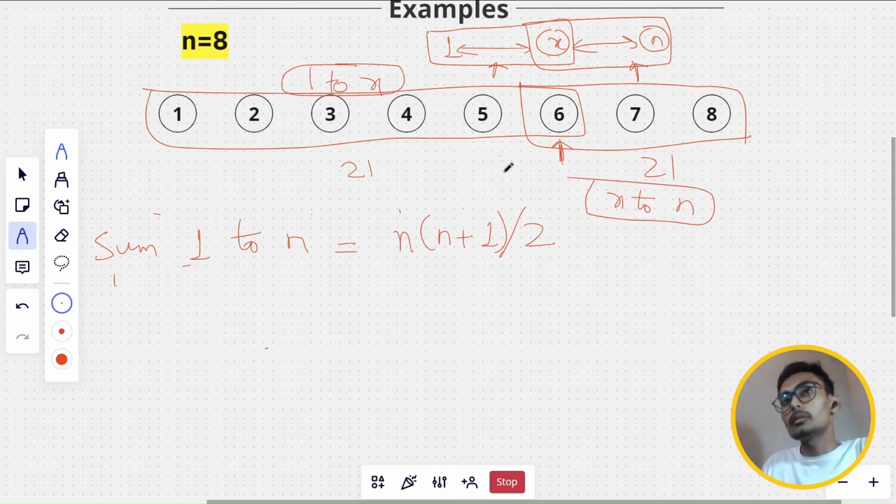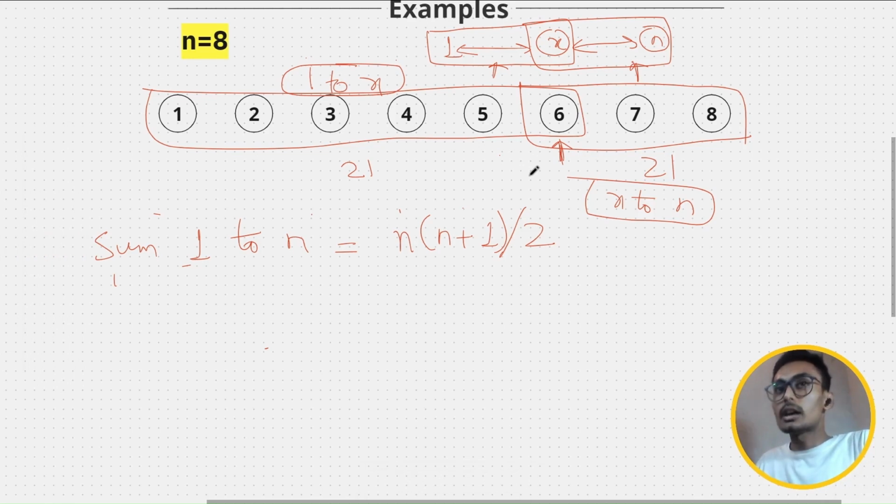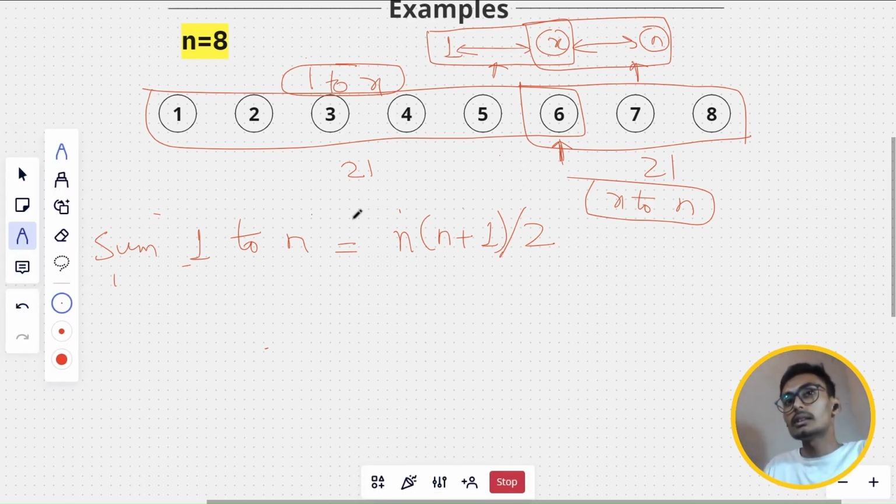We will assume that they are equal. If they are equal, then we will get a valid value of x, that is, an integer value of x. And if not, we will get a fractional value of x.